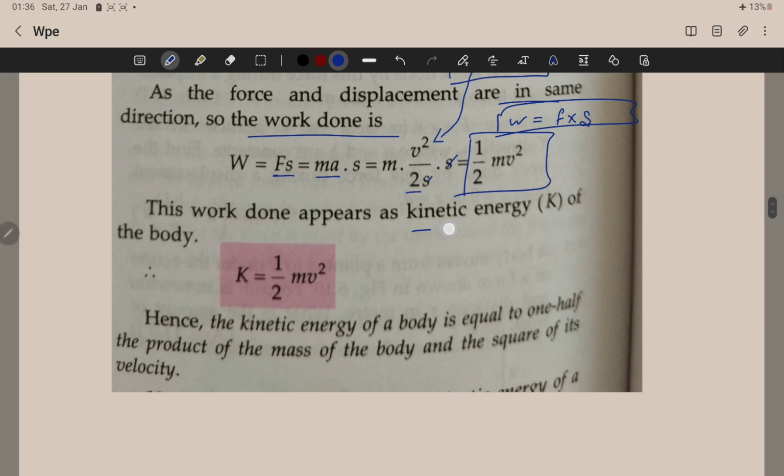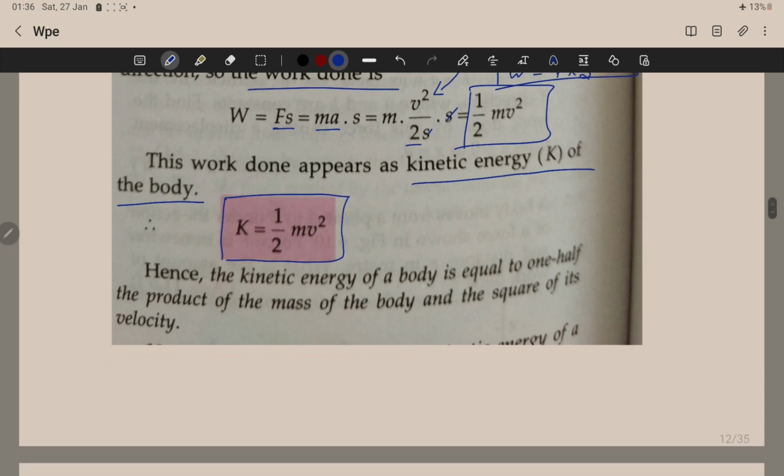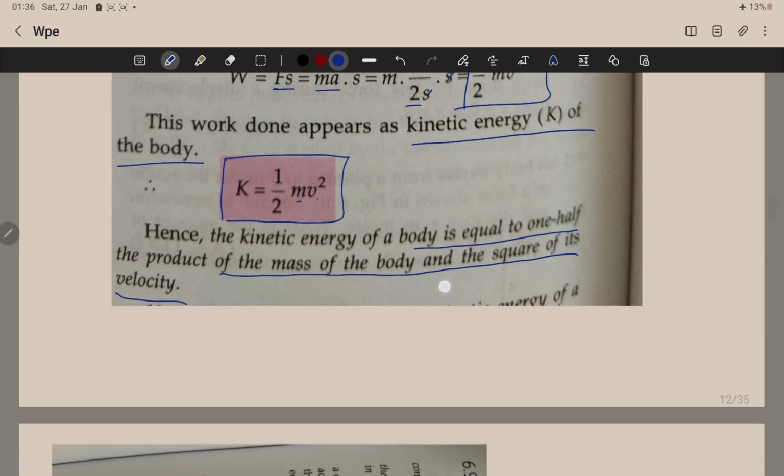So work done appears as kinetic energy of the body. Whatever work we do to bring this body into motion, that work is the kinetic energy. Hence the kinetic energy of the body is equal to one half the product of the mass of the body and the square of its velocity.